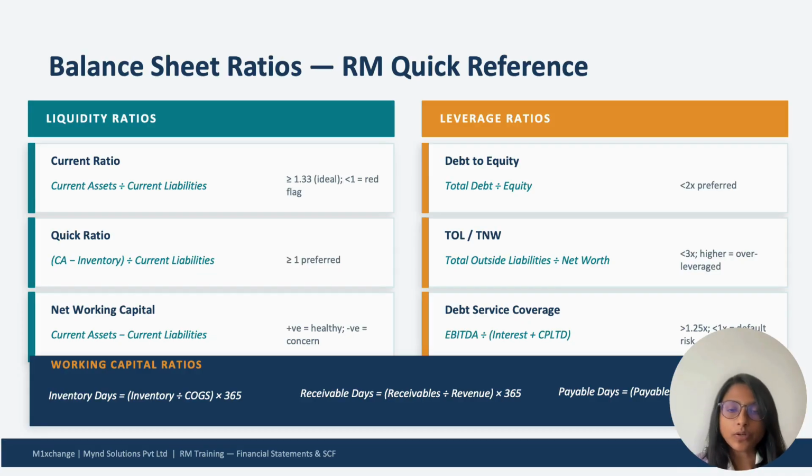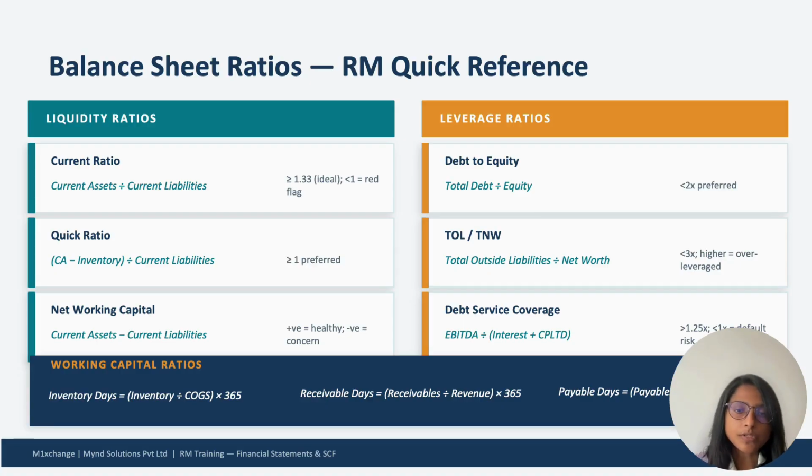Net worth is again your equity minus your intangibles. Okay, so here again, anything which is less than 3x is generally considered okay, but however more than that, we consider the company as very over leveraged, right?